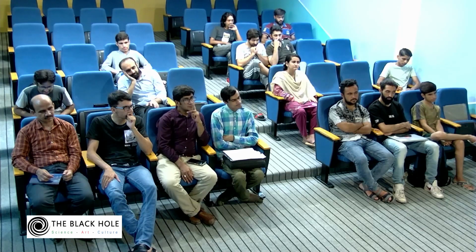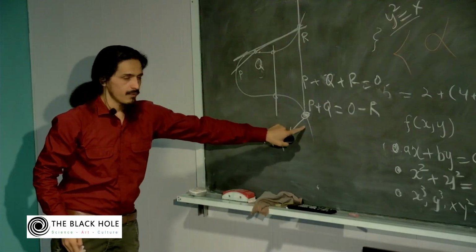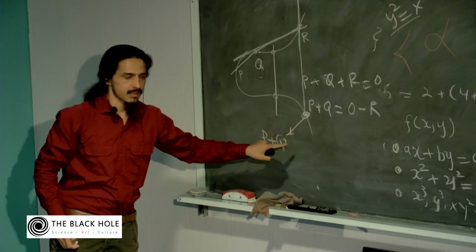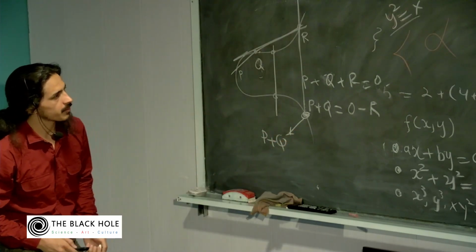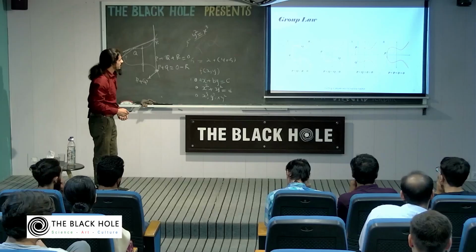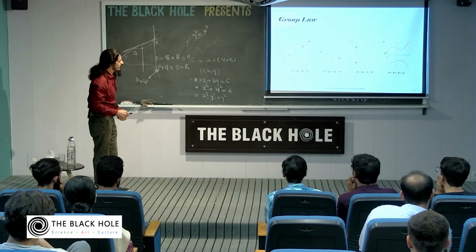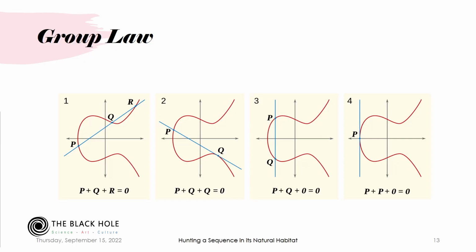2 points on an elliptic curve added through drawing secant lines and tangent lines will produce a third point on the elliptic curve, and this is the group law. So there can be different possibilities: P and Q are distinct, there will be this point. We try to add Q with a tangent, that is adding P and Q plus Q, because a tangent has this property of hitting the curve twice. And we can add any point to the special point.